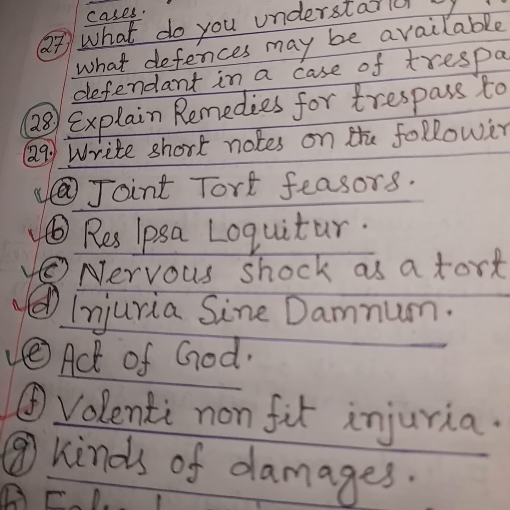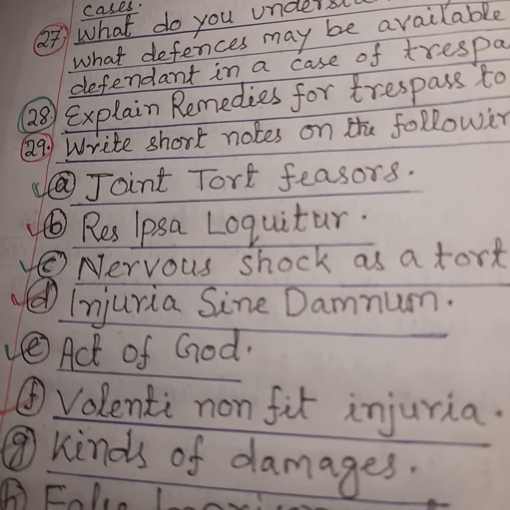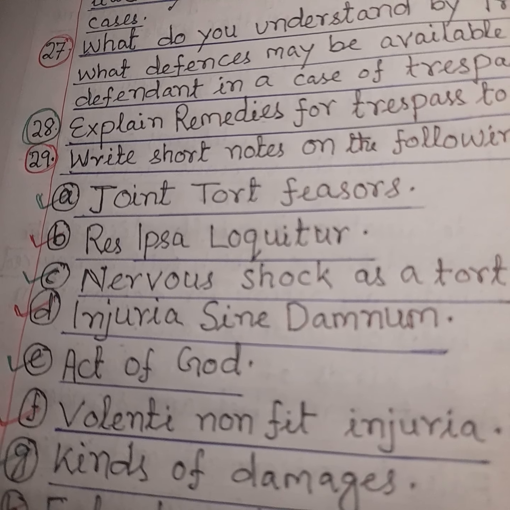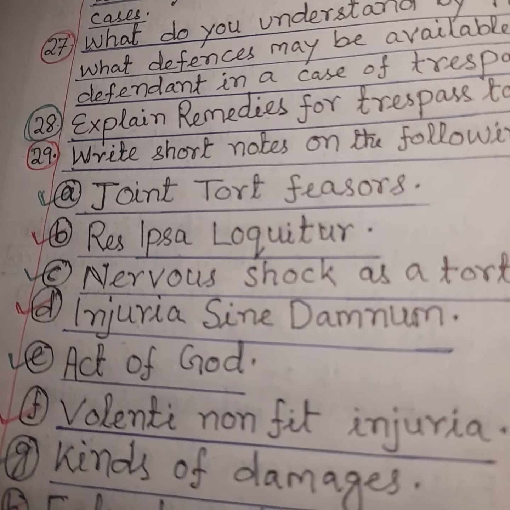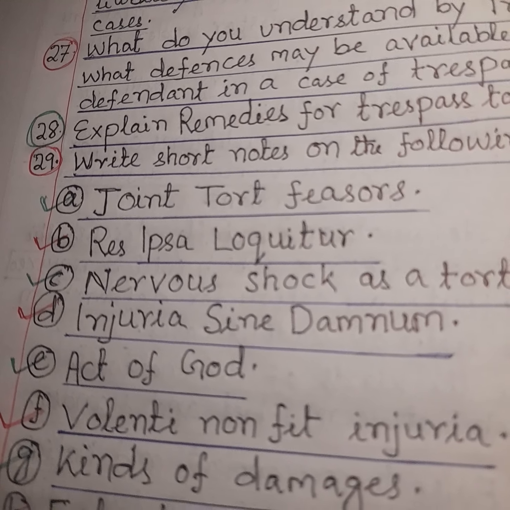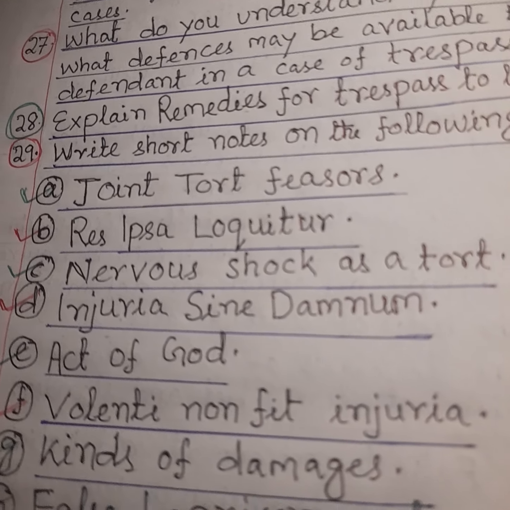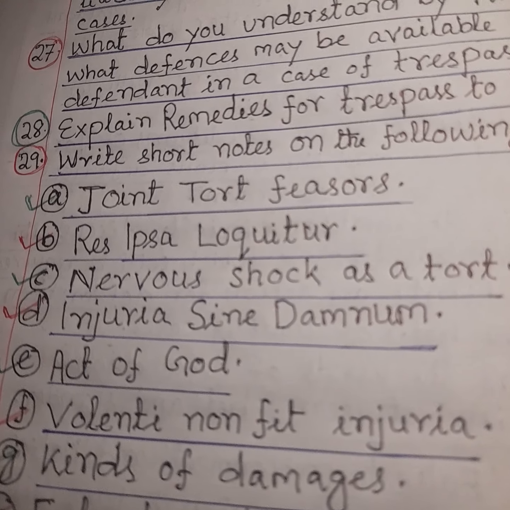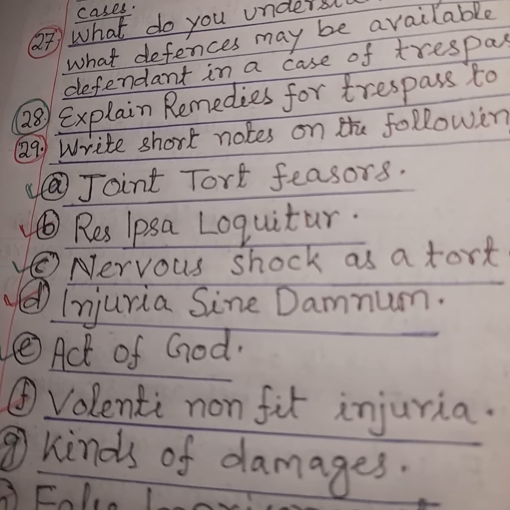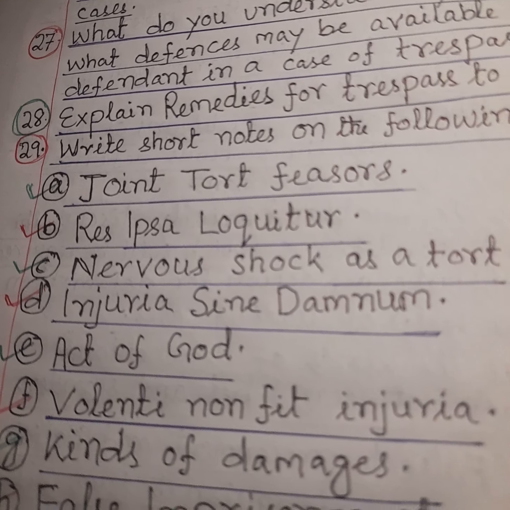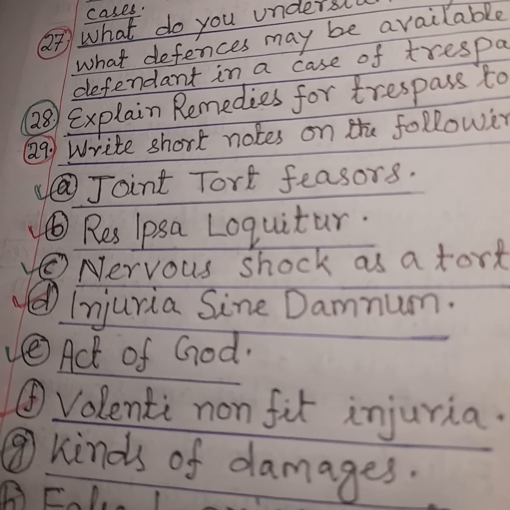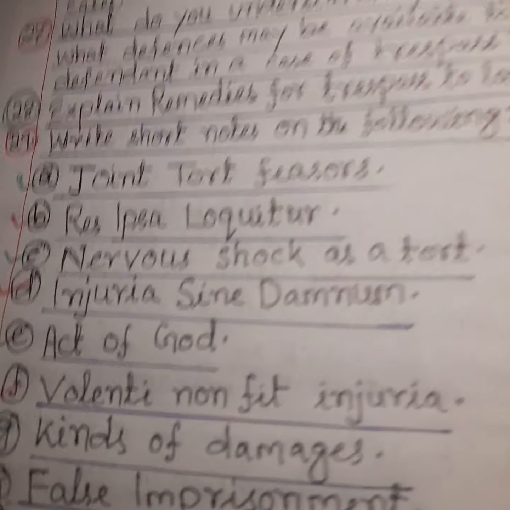So also a finder of an article, even if he is not the actual owner but was in constructive possession of that article, could also maintain an action under trespass to goods, and also a joint owner against his co-owner regarding any damage caused to the goods in joint possession.